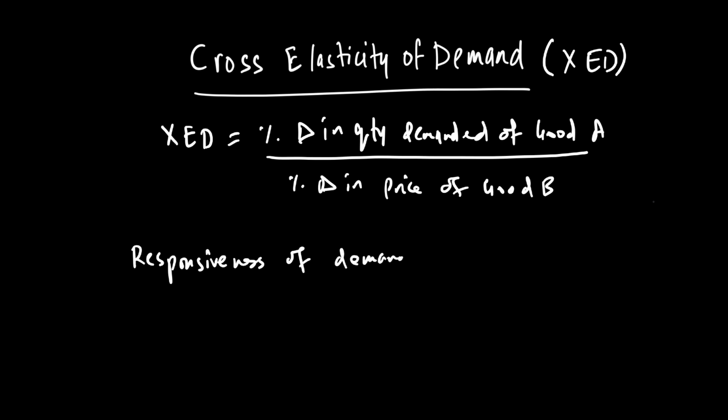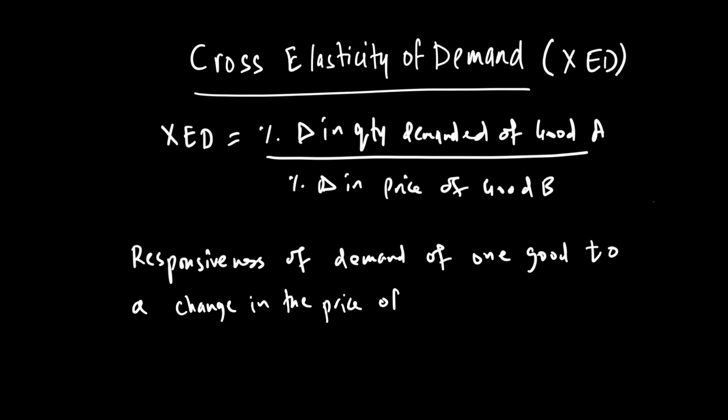demand of one good to a change in the price of another good. So the price of one good changes, and we're looking at demand for another good.